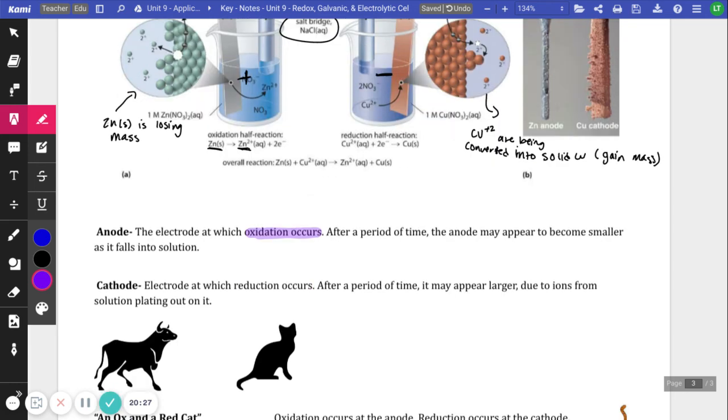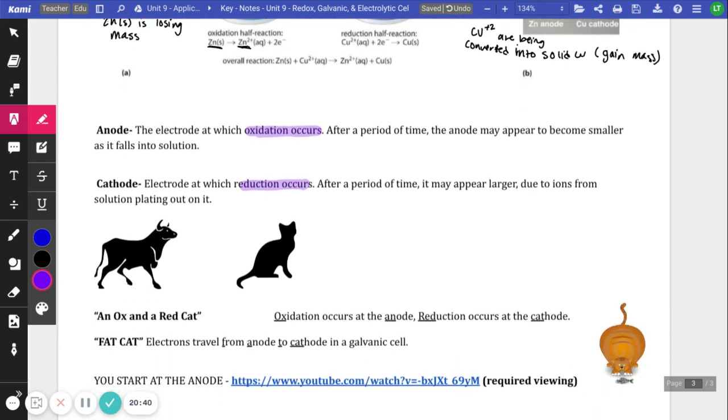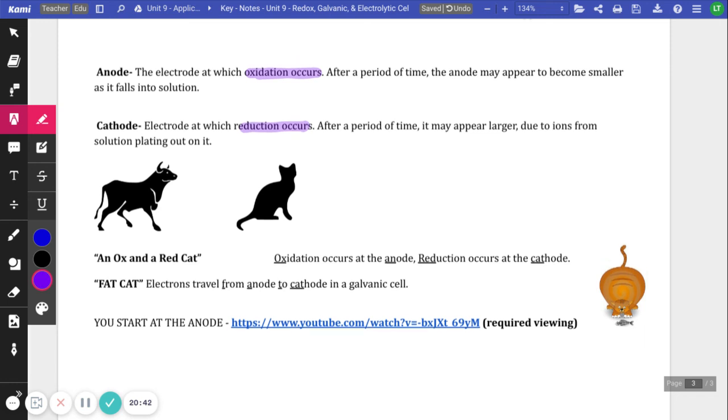Cathode is where reduction occurs, and after a period of time it will be larger because the ions in solution are forming solid copper on your cathode. Here's a helpful reminder: an ox and a red cat, oxidation occurs at the anode, reduction occurs at the cathode. And fat cat: electrons travel from anode to cathode in a galvanic cell.